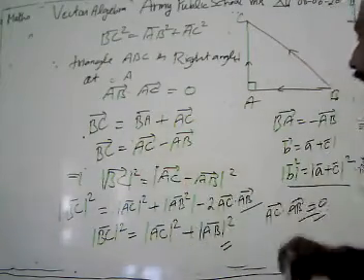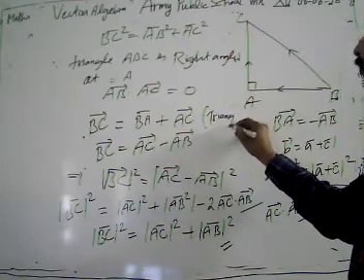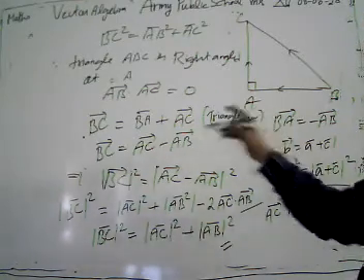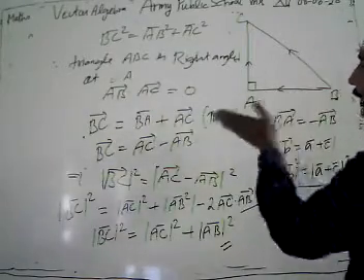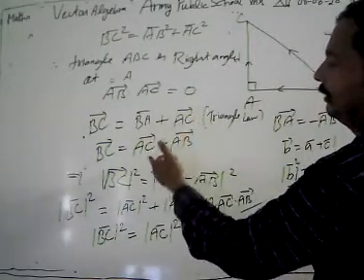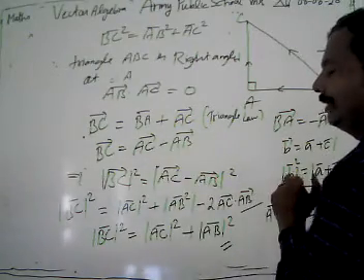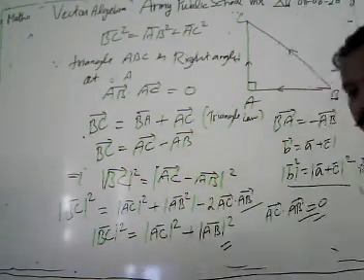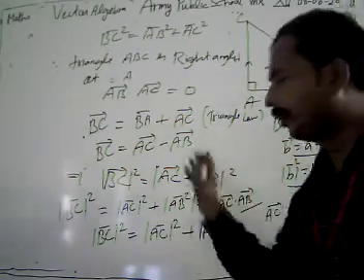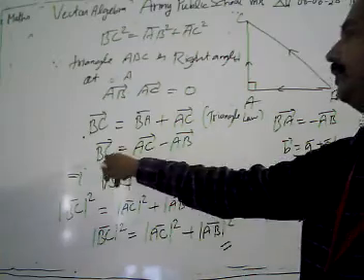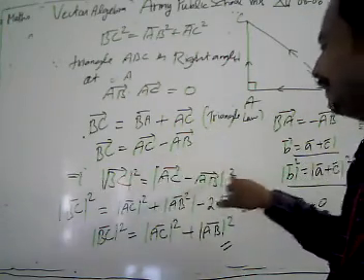Then by triangle law, vector BC is BA plus AC. We convert BA in terms of AB, so it can also be written as AC minus AB. Taking the dot product with itself, magnitude of BC square is mod of AC minus AB square.